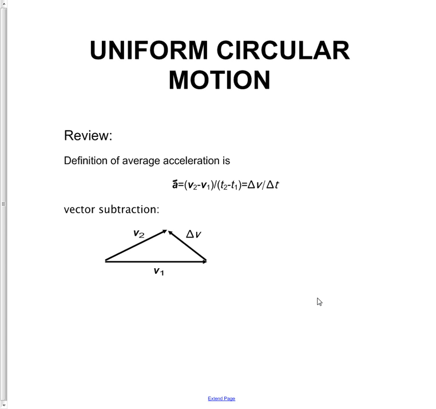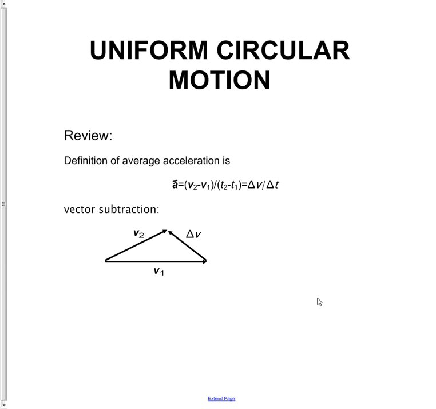Now, I'll remind you what vector subtraction is. One of the ways that you can achieve the subtraction of two vectors is to place them tail to tail and draw the difference vector from the head of the first velocity to the head of the second velocity.